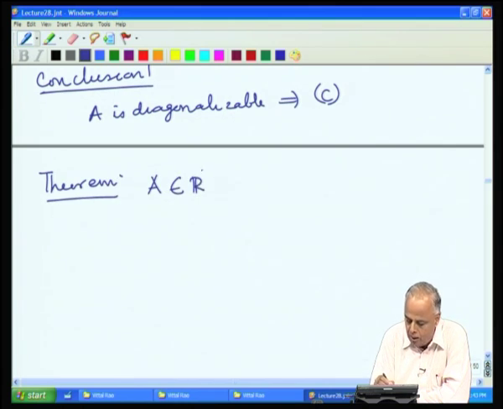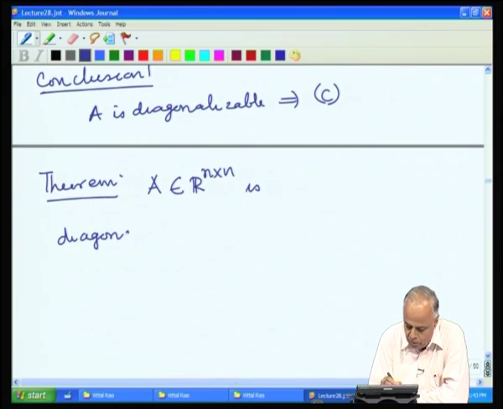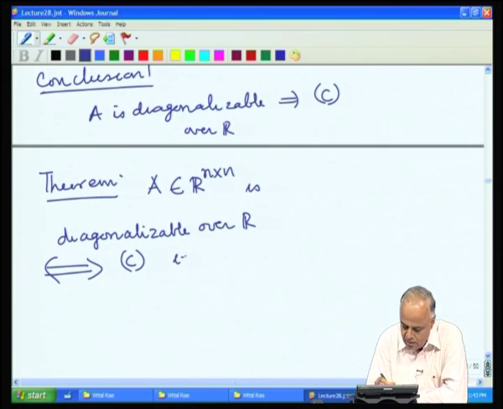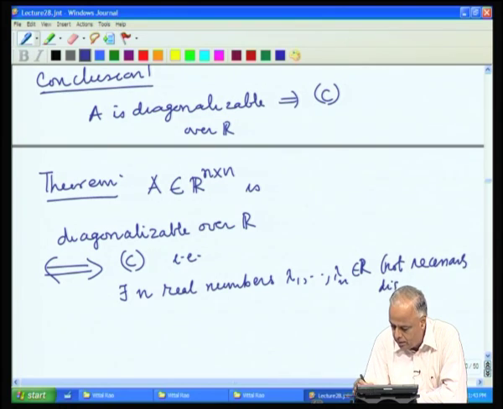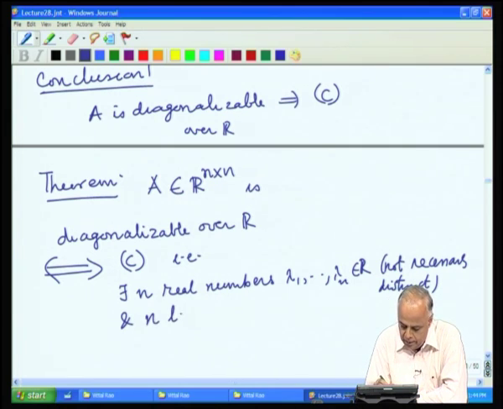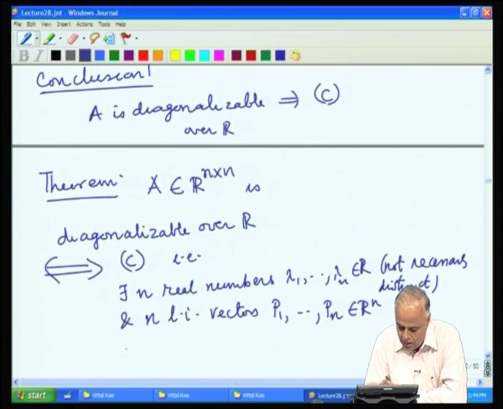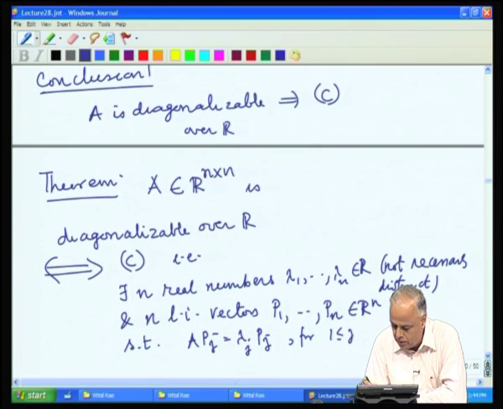A belonging to R n n, so A is a real n by n matrix, is diagonalizable over R if and only if C holds, that is, there exist, I will repeatedly write this, n real numbers lambda 1, lambda 2, ..., lambda n in R, not necessarily distinct, and n linearly independent vectors p 1, p 2, ..., p n belonging to R n such that A p j is equal to lambda j p j for 1 less than or equal to j less than or equal to n.